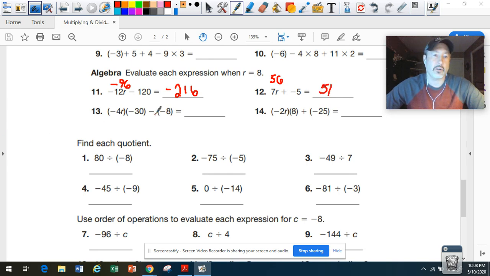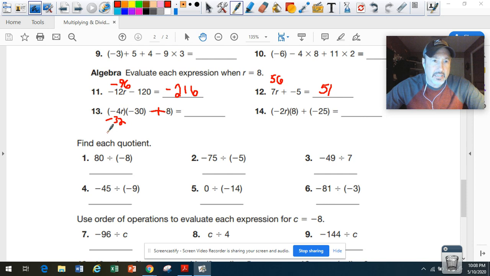Okay, let's look here at the next one here. Okay, let's look and see. I have a negative and a negative together. As you know, what we know before, that becomes a positive there, just so you know that. So we've got R is 8. So I got negative 4 times 8 is negative 32. Okay, negative 32 times negative 30.